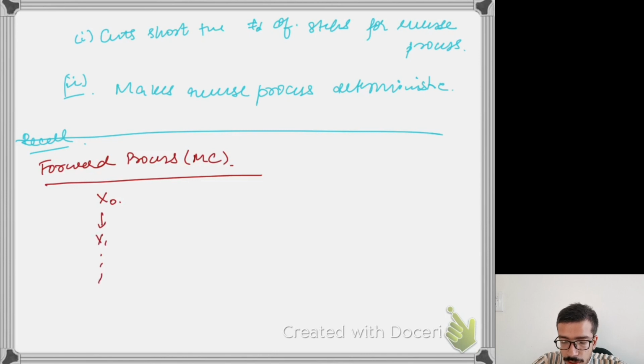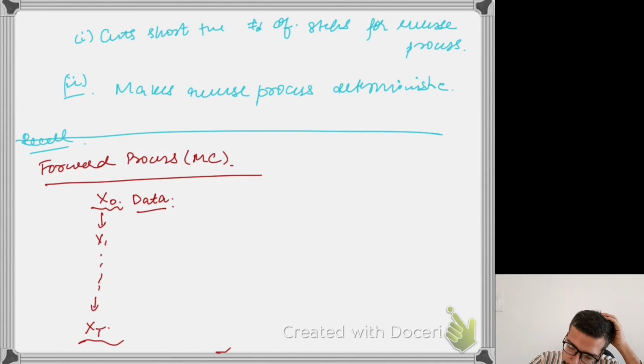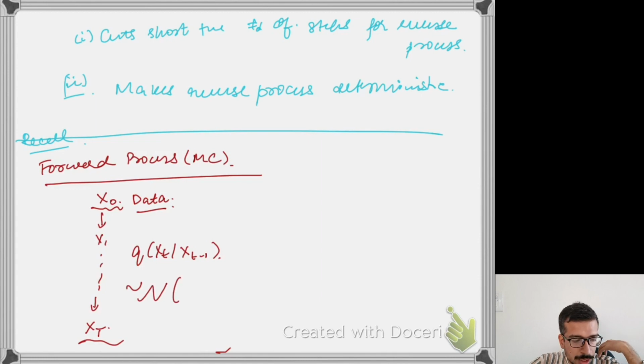So we have the sequence of variables x1 up to xT, where x0 is essentially my data, and for these posterior variables we model the distribution as a forward Markov chain, wherein q of xt given xt minus 1 is normally distributed with mean square root of alpha t times xt minus 1 and variance 1 minus alpha t times identity.